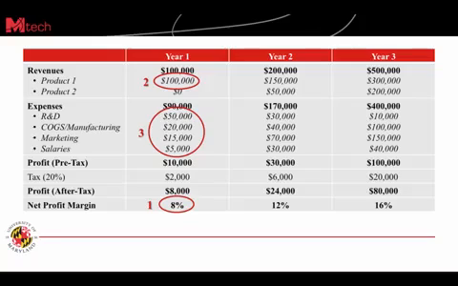Revenues are something that you can gauge based on the market that you're trying to pursue, what you can sell, and how many of those you think you can sell. And then expenses are often tied to what it's going to take to deliver that, either in the fixed cost of salaries, or in the variable cost of manufacturing, or in some of the strategic cost of R&D and marketing.